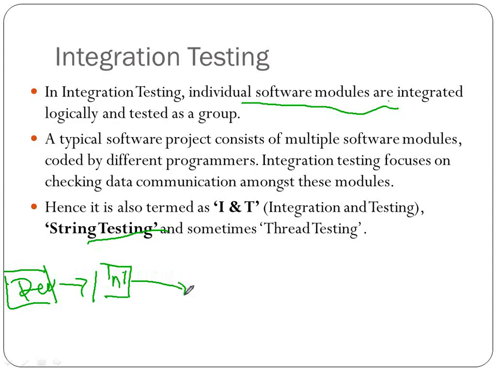After this, there's a third party that comes into the picture, which is called the build engineer. The build engineer is not a developer. The build engineer is not a QA person. It's an independent entity, a third party.